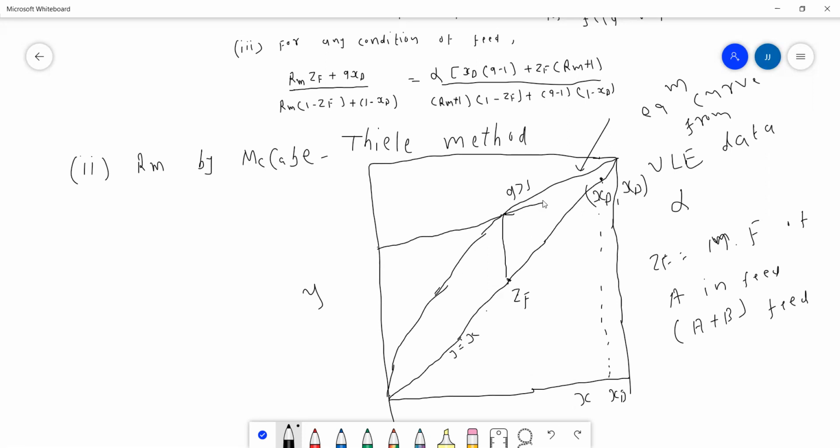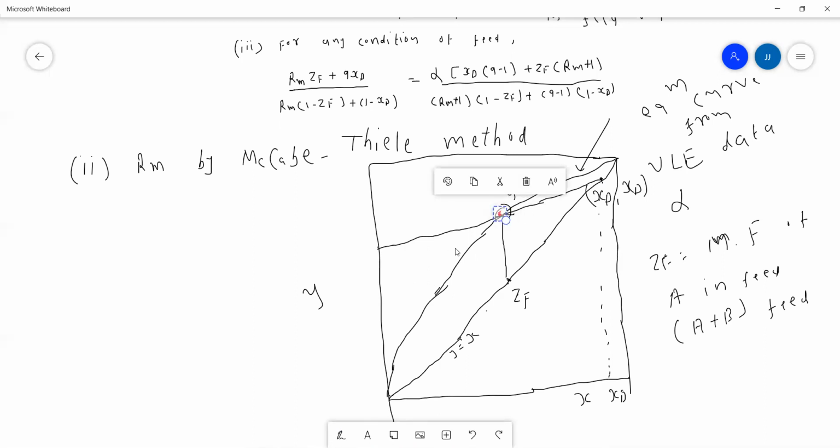This is the point where the Q line and the equilibrium curve touch.